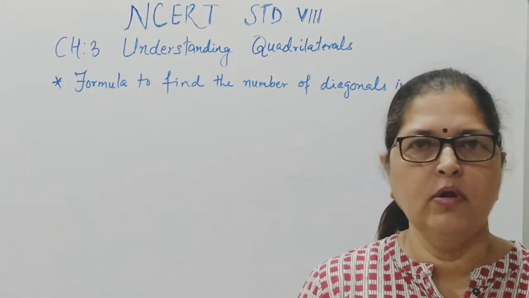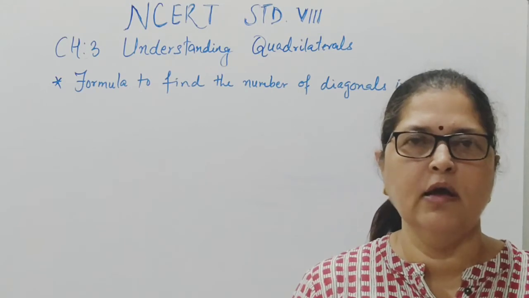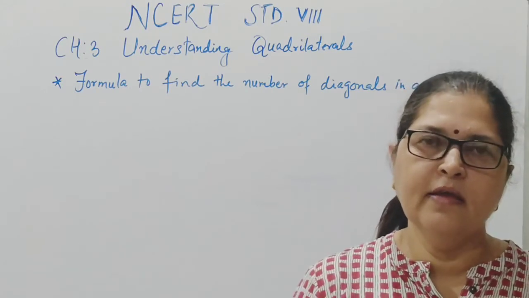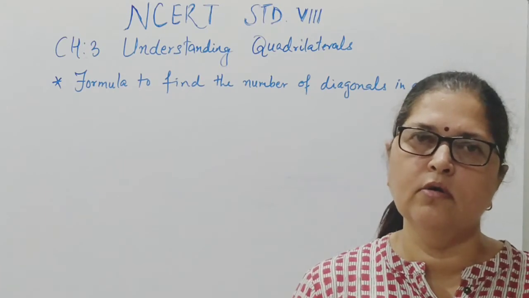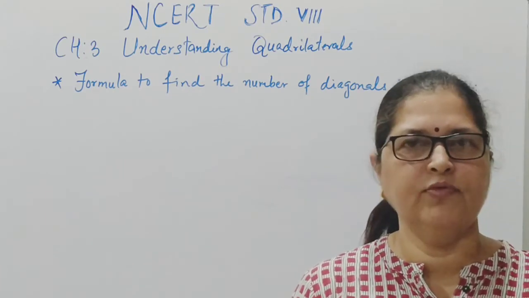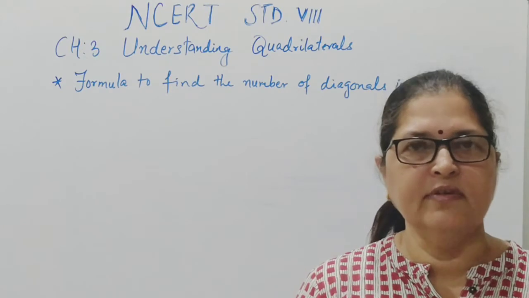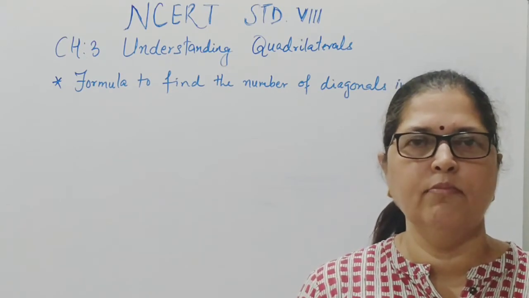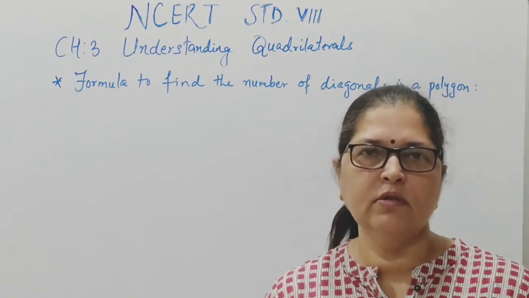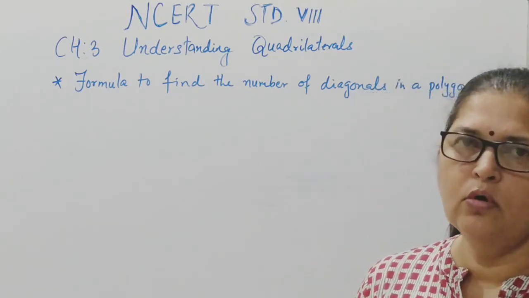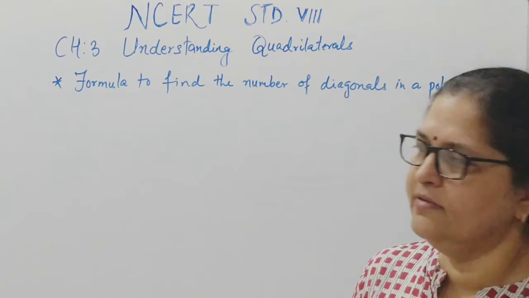Next is the formula to find the number of diagonals in a polygon. It is easy to draw and count the number of diagonals in a polygon with lesser number of sides. But it is difficult to draw and count the number of diagonals in a polygon with more number of sides. So there is a formula to find the number of diagonals.